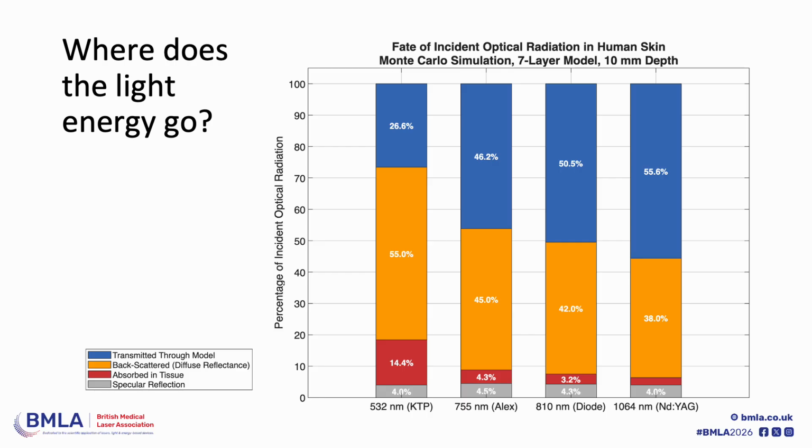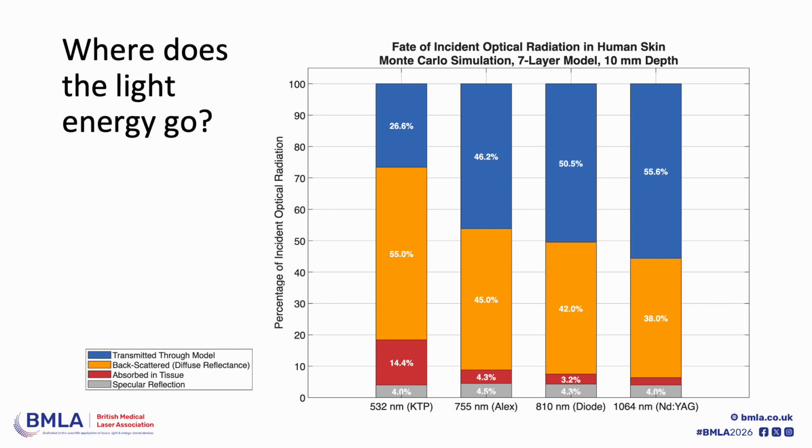Where does all that light energy go? Well, this is a representation of 4 different wavelengths from 532 up to 1064 nanometers. And we can see here the amount of light that's transmitted through the model. Now, by that, what I mean is it can be transmitted outside of the zone of interest.